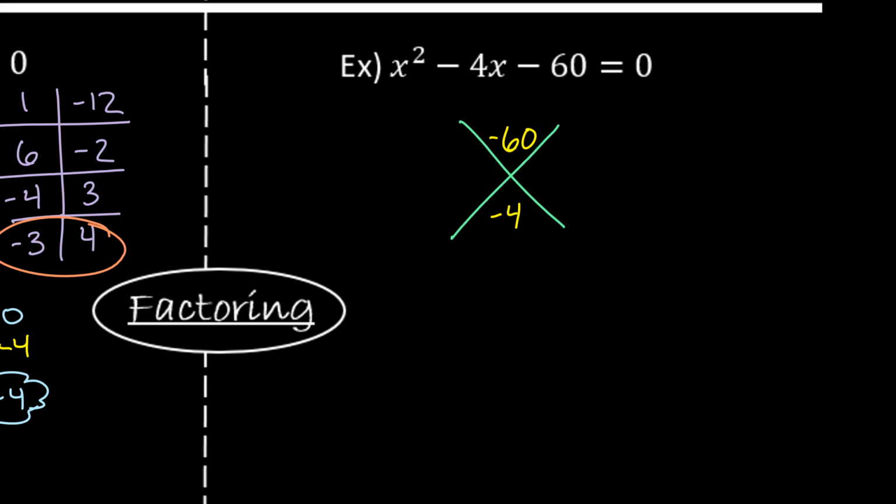So what does multiply to give you negative 60 and add to give you negative 4? Negative 10 and what? 6. Good. They multiply to give you negative 60, but add to give you negative 4. These are the two numbers that are incorporated into our factors. X minus 10, x plus 6.